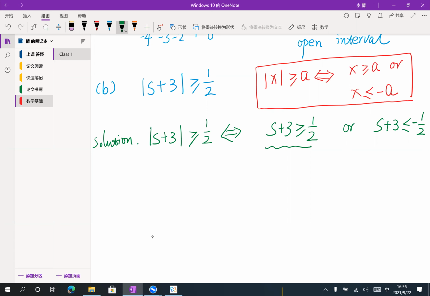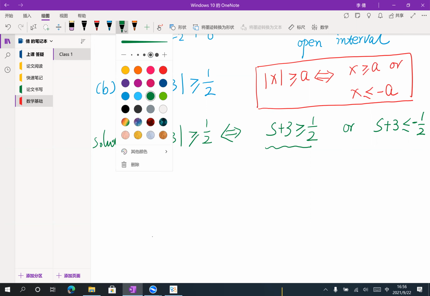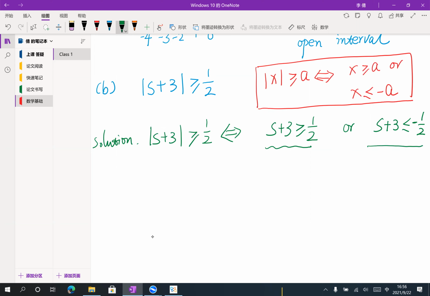From the first inequality, if and only if we subtract 3 on both sides, we get S is larger than or equal to 1/2 minus 3, which is 1/2 minus 6/2, equal to minus 5/2.